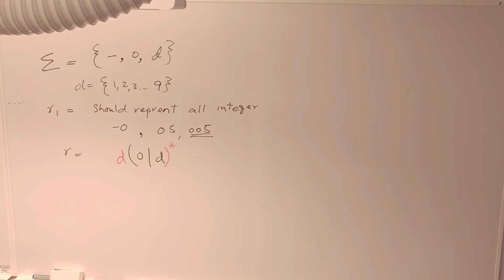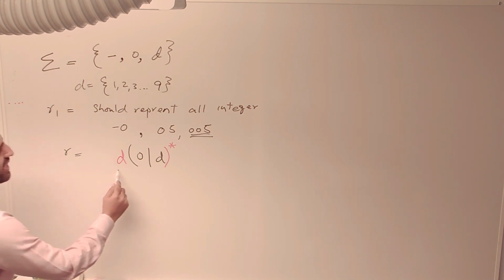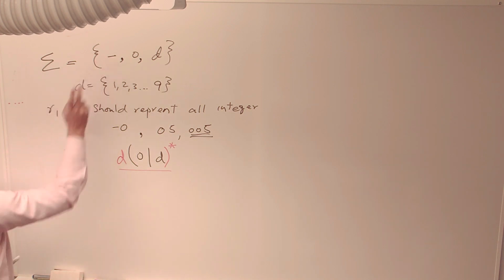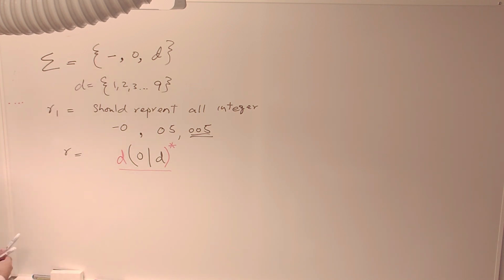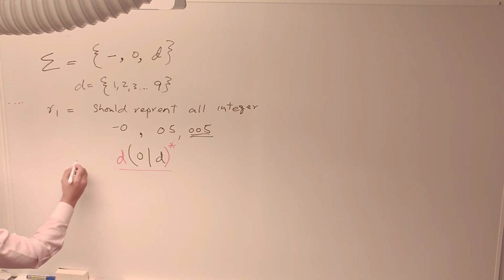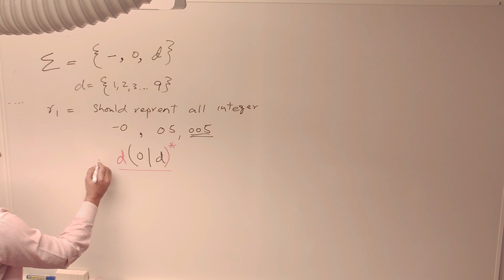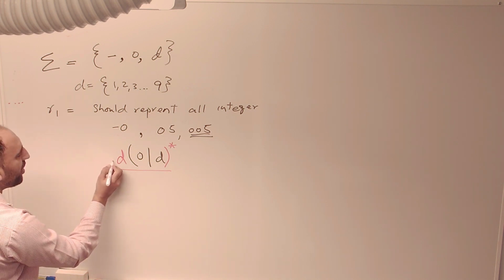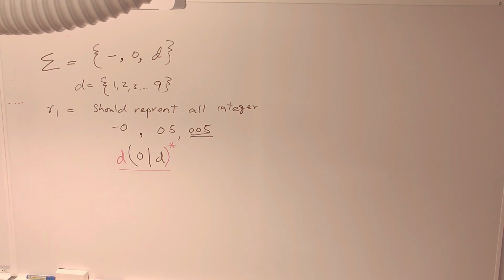Negative is left, because this is defining only the positive integers. And for the negative, we have this symbol, so how can we put negative over here? We need to concatenate negative. So we cannot use the alternative form. If I put negative over here, then it will always give me a negative number.